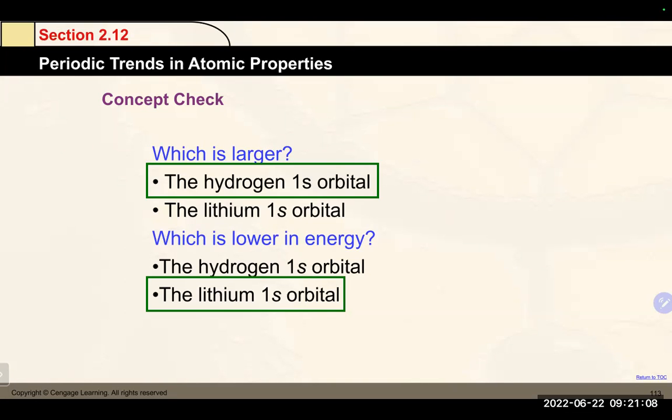And that is why the lithium 1s orbital is lower in energy, because hydrogen has the +1, which is going to bring in our s orbital, but lithium here has a +3 charge in the nucleus, which is going to pull that orbital in closer. Again, the larger the positive and negative charges, the stronger the attraction. So that's going to pull it closer into the nucleus and would result in this 1s orbital being actually lower in energy than what we would see in the hydrogen 1s orbital. Any questions on that there?